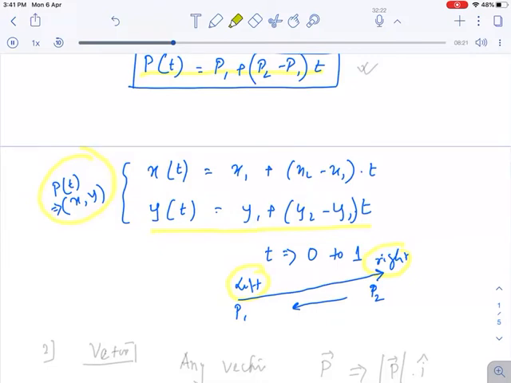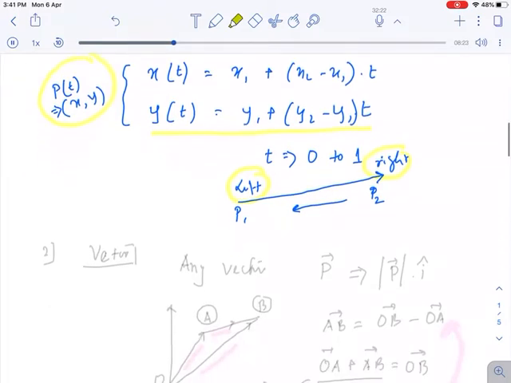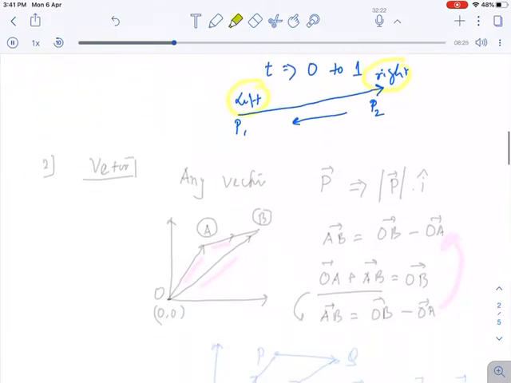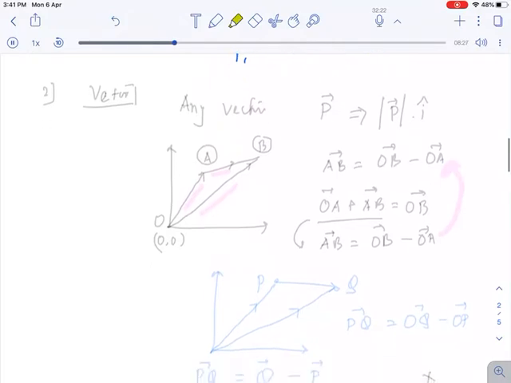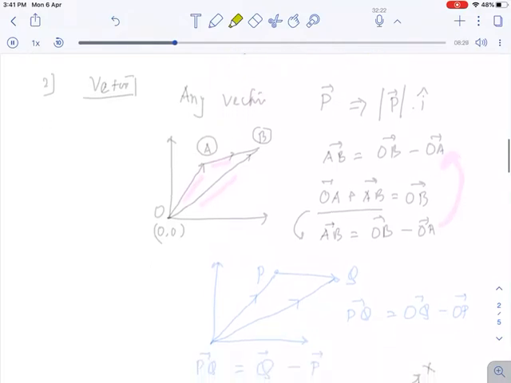Now the next thing that I have to discuss, so it is all about parametric line equation. Now the next thing is vector algebra. So for vectors, a few things I have to recapitulate. First thing is what is cross product and what is dot product.